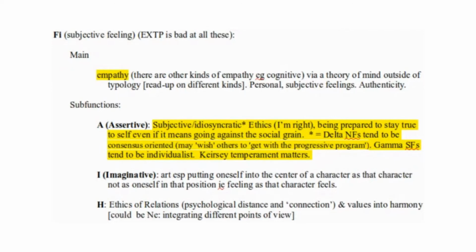Yeah, and I need to look into, is Keirsey Guardians or is that someone else? Look at the Guardians terminology and all that. I can't remember any of the other terms, but something I'm aware of but have no understanding of really. Yeah, temperament, something to look into personally. Gamma SFs tend to be individualist. Okay.